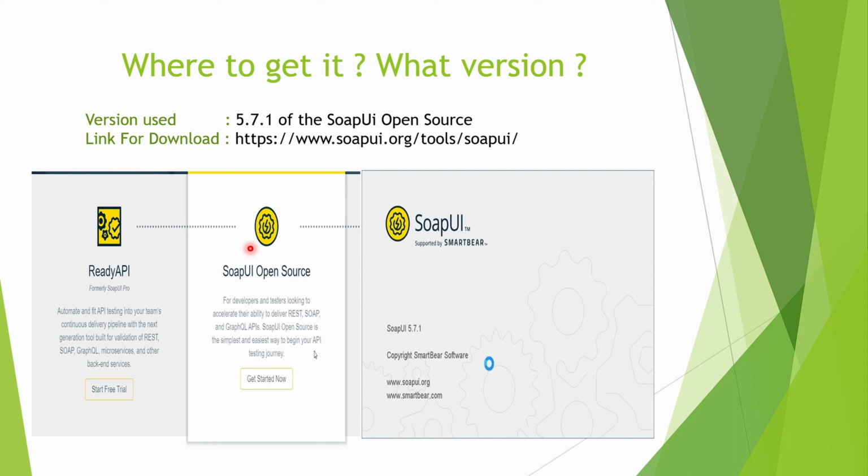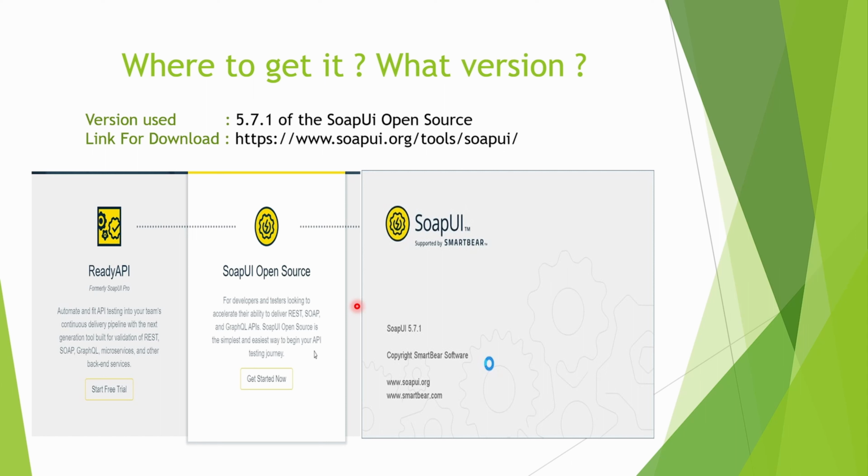Now, I insist on the version we'll be using because, let me give you an example. In version 4.6, the professional version, everything was in XML. There was no JSON assertion. Now, in version 5 of SoapUI, there is assertion for JSON.